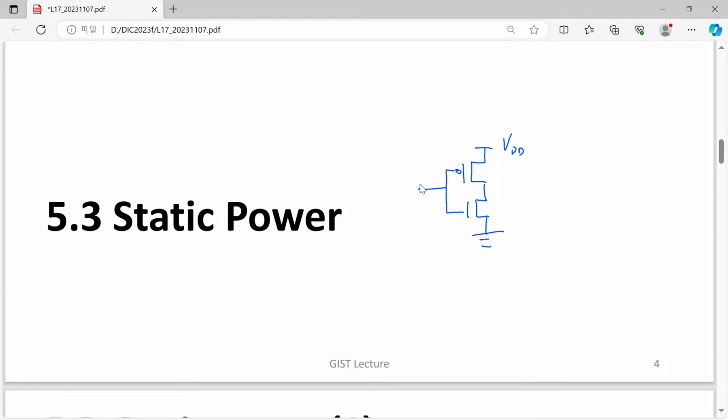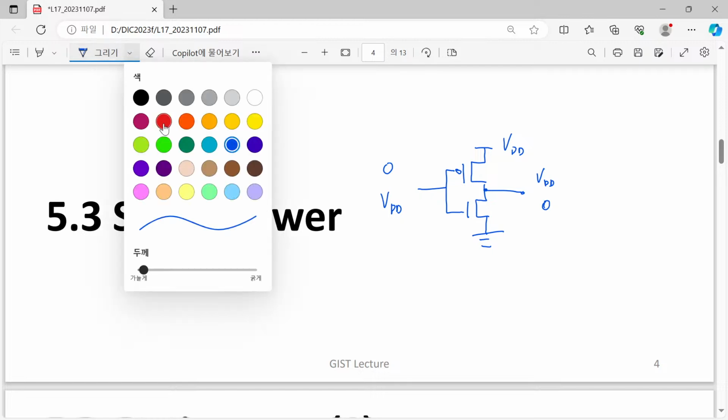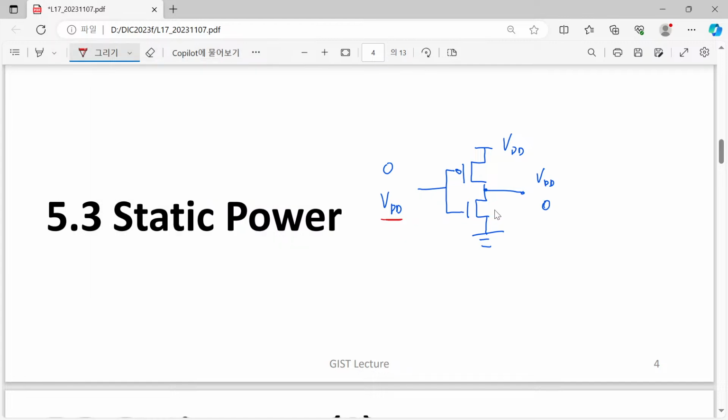For example, either we apply 0 volt or VDD volt, then the output will be either VDD or 0. In this case, we can find one of our transistors is turned on and one of them is turned off. For example, when you consider this VDD case, then this is on and this is off.